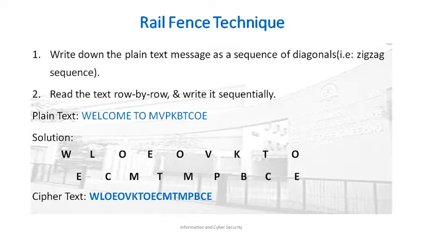When we read it row by row, we read row 1 first and then row 2 second. So our required cipher text is W, L, O, E, O, V, K, T, O, E, C, M, T, M, P, B, C, E.